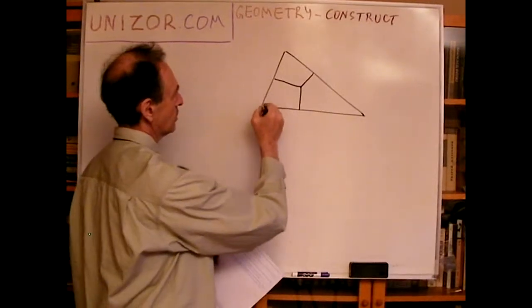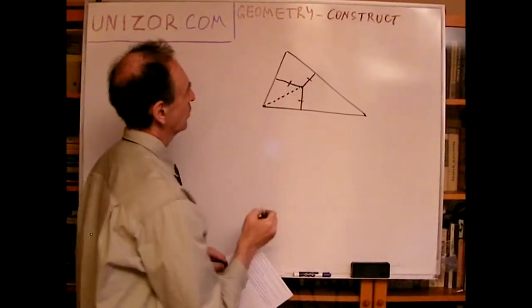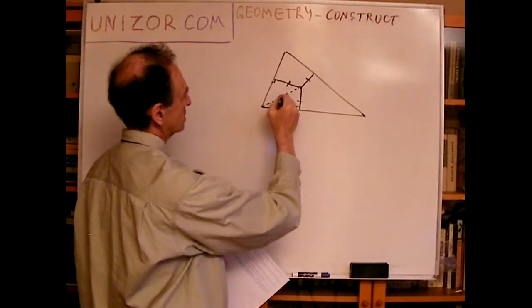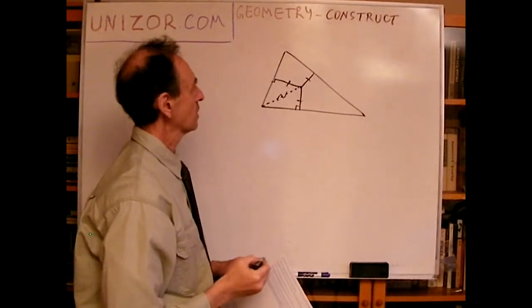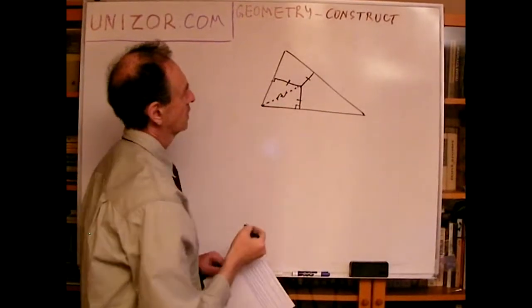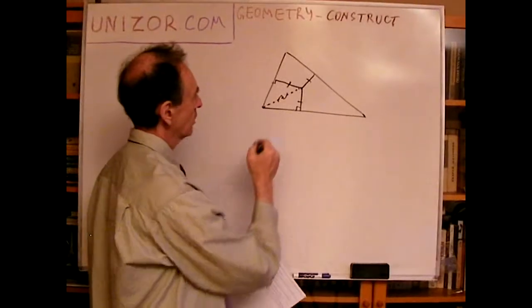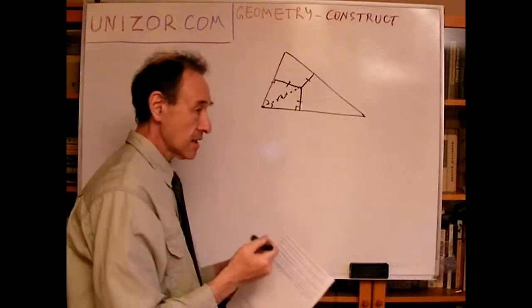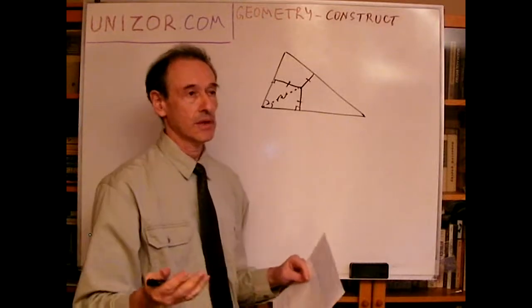Well, if these are equal, these are perpendiculars, this is the hypotenuse, and these are legs. So the triangles, this one and this one, are congruent to each other, so these angles must be congruent too. So this is the analysis of the problem. Now, therefore, basically, we have the solution.